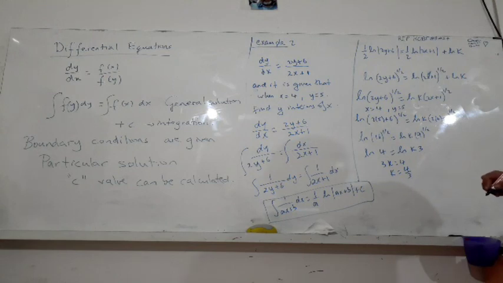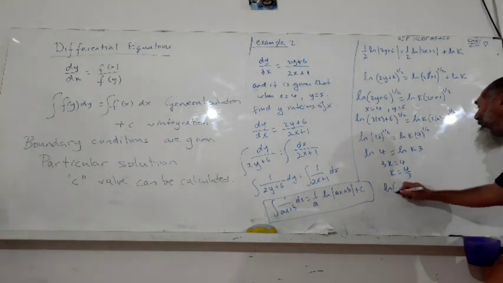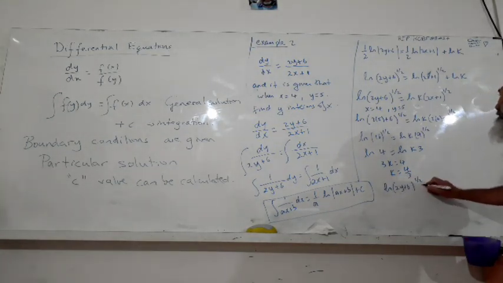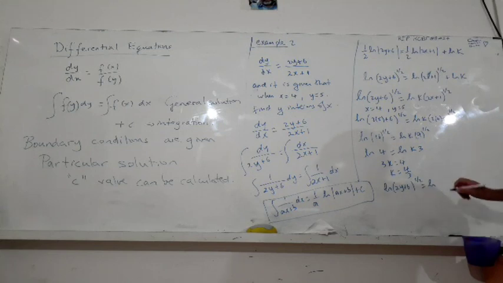So let's write down the particular solution. ln of the square root of (2y plus 6) is equal to ln of 4 over 3 times the square root of (2x plus 1).